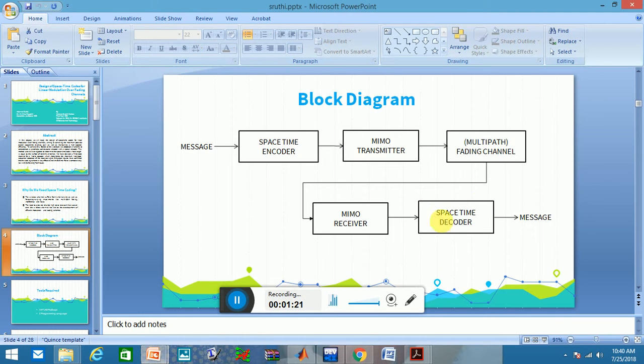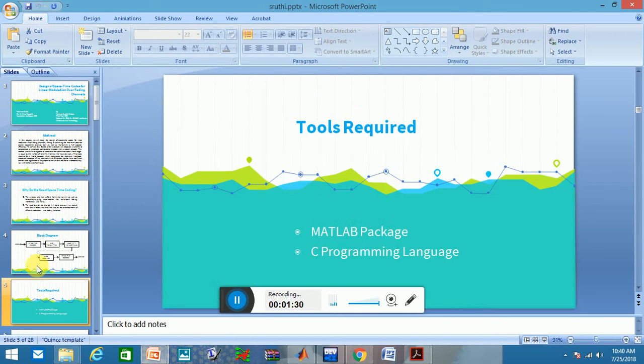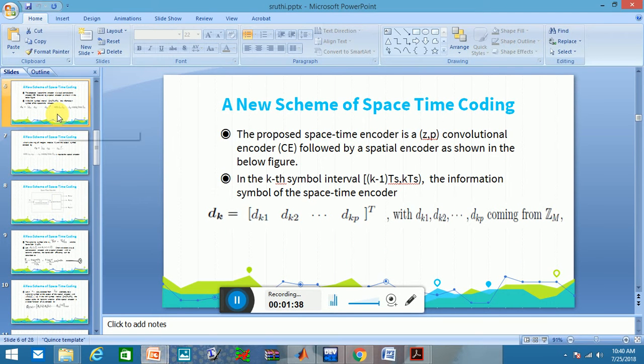I am also going to design a space-time decoder with less complexity. I used the MATLAB package as well as the C programming language to design my space-time encoding. And a new space-time encoding scheme is given in my project.